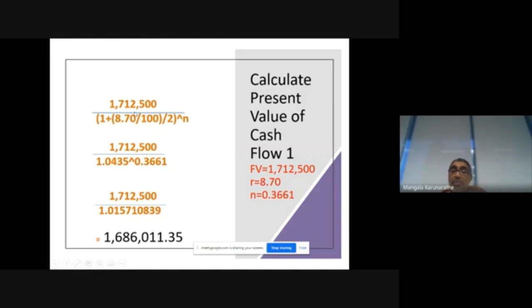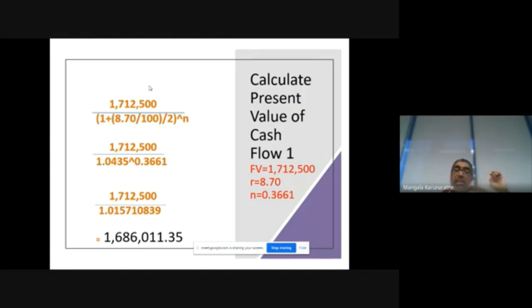Here also I am talking about a 6 month period, and this is an equal payment, in the sense that it doesn't depend on the number of days. We don't calculate it for the number of days. So straight away you get half of the full coupon semi-annually. The full coupon is 8.7. Likewise, when we do a calculation, we need to follow the same basis for each and every factor.